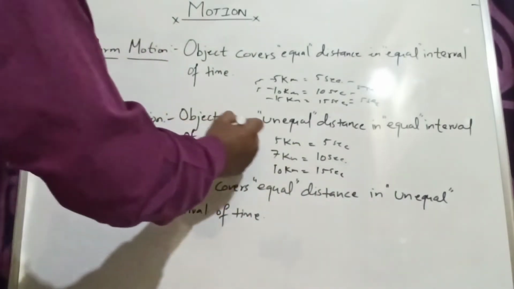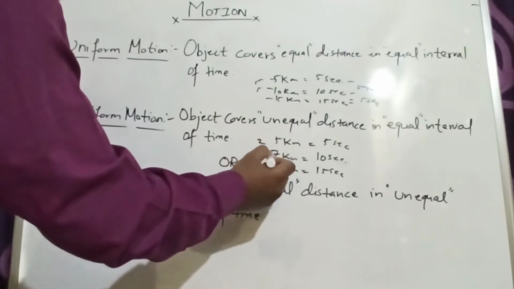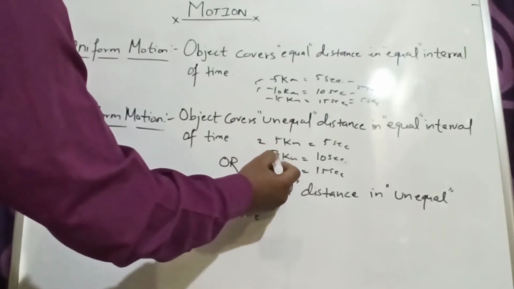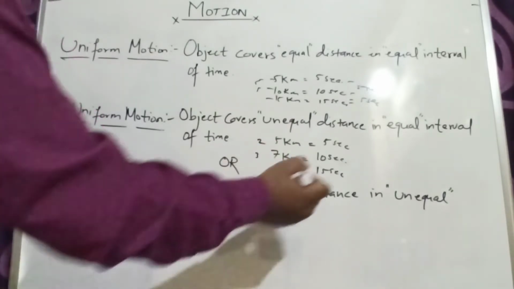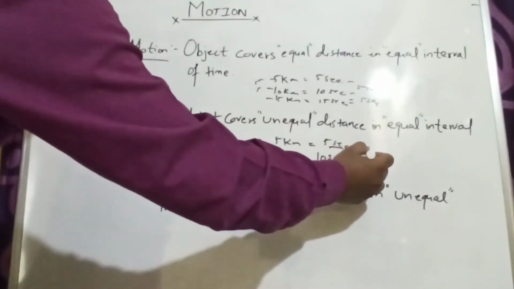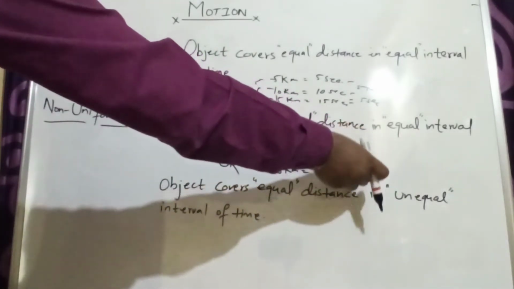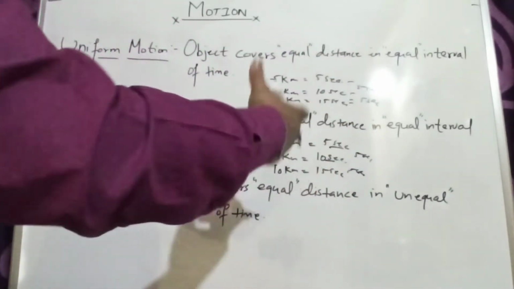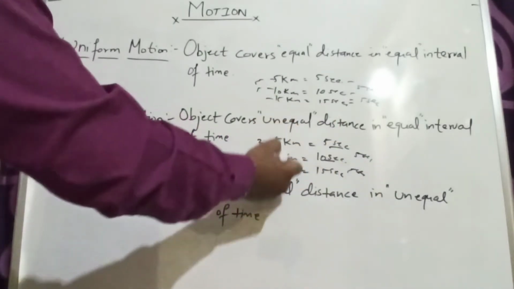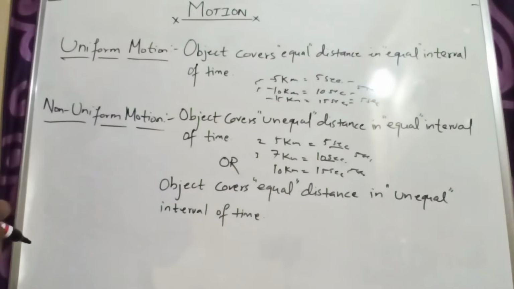Now here, the distance is unequal. 7 minus 5 is 2 km, 10 minus 7 is 3 km. But see the time, 5 seconds, then 10 seconds, then 15 seconds, the difference is 5 seconds. So the time changes in equal intervals, but the distance traveled is unequal. So this is an example of non-uniform motion.